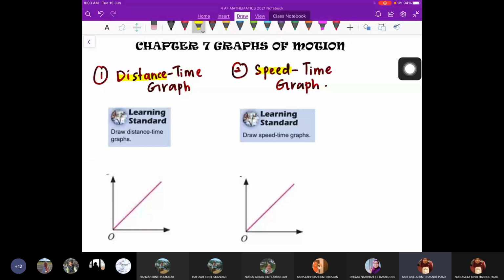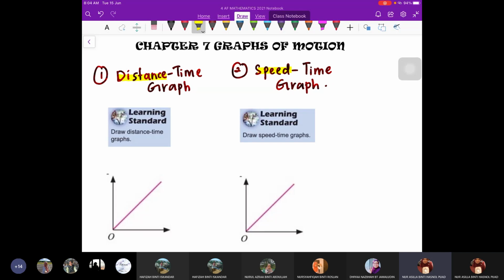Okay, since a graph of motion, there are two types of graph. Subtopic dia hanya ada dua sahaja, which are the types of graph. So saya letak dia sebelah-sebelah. So if you see in your textbook, it does not follow what I'm doing here. Okay, sebab what I wanted to do here is to do a comparison so you will know the differences.